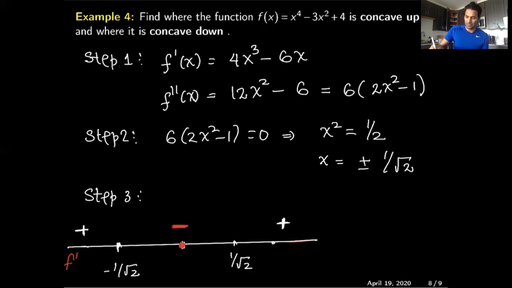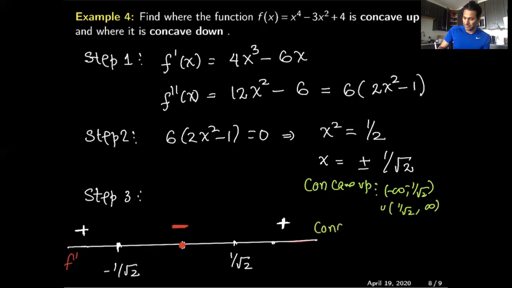So from this, we can conclude the function is concave up on the interval minus infinity to minus 1 over root 2, union 1 over root 2 to positive infinity.